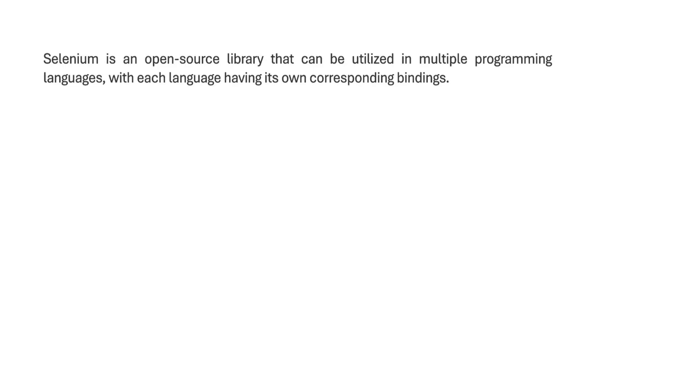So here what we're talking about is Selenium has specific language-corresponding libraries. For Java, it will have Java binding. For Python, Python binding. In the same way, it supports multiple languages, which in turn will have the corresponding bindings. Why are we talking about it? In the architecture, we will understand exactly what we are talking about.